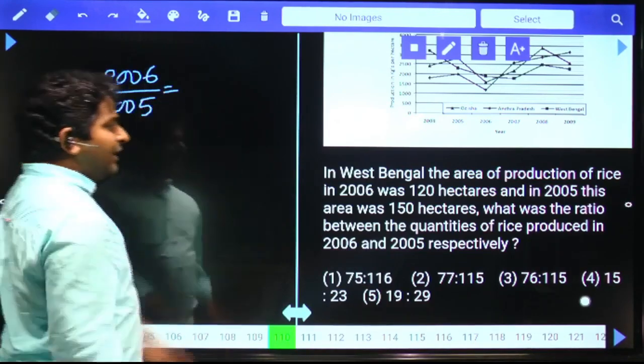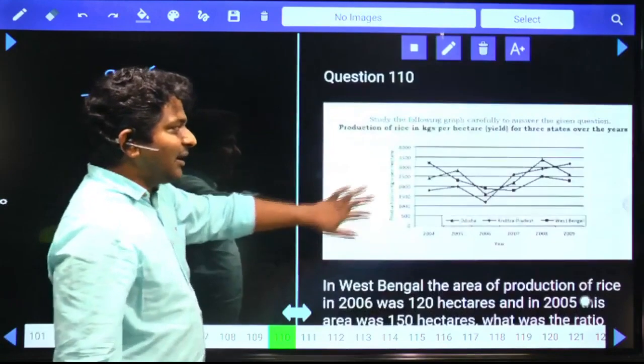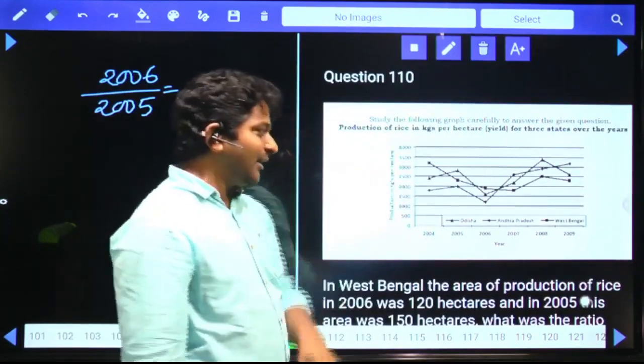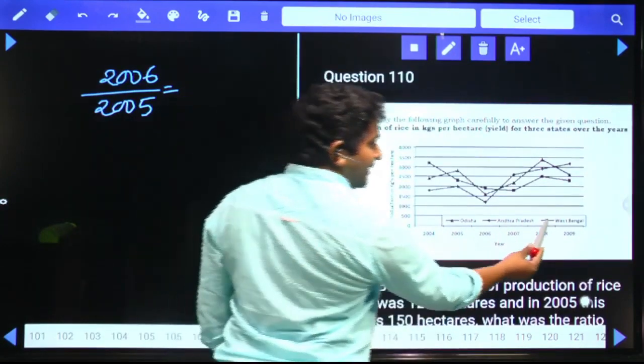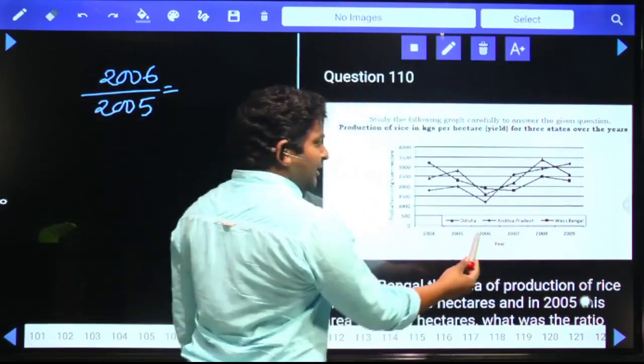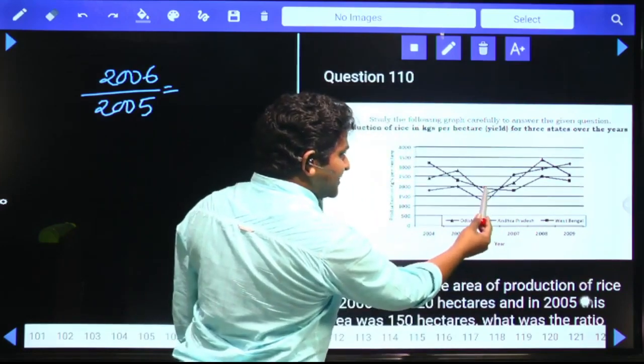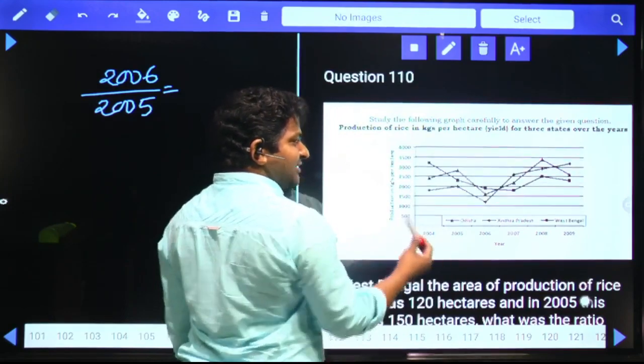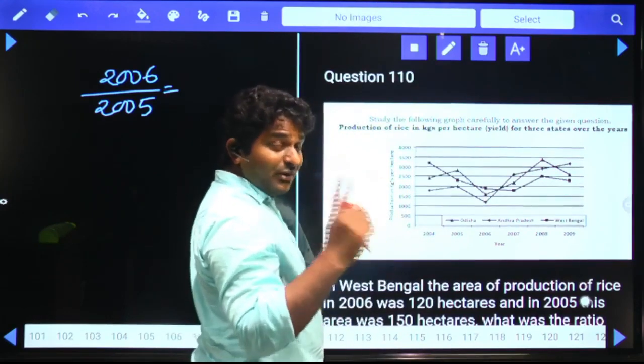Now, given values are per hectare, meaning 1 hectare. West Bengal, that is the square value. In 2006, the square value: between 1500 and 2000 we have 5 lines, so each line is equal to 100.